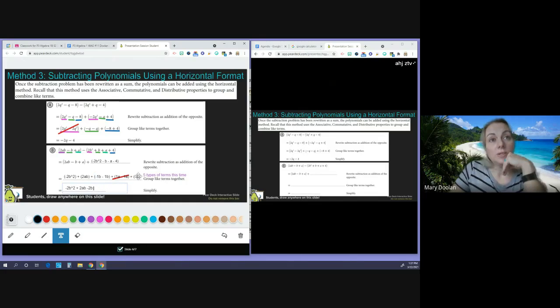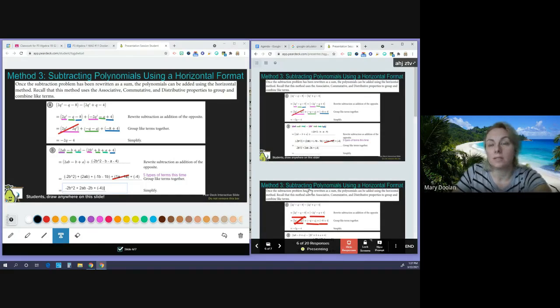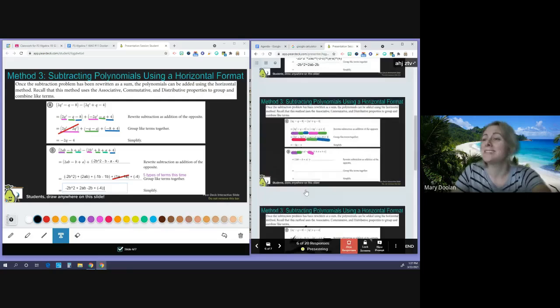And then our last term here, all by itself, nothing else was a constant. So we just add it to our final polynomial, either plus negative 4, or you can even write minus 4. That would also work. Okay, so I'm going to leave this here for another minute, and then we're going to move on to our last slide.